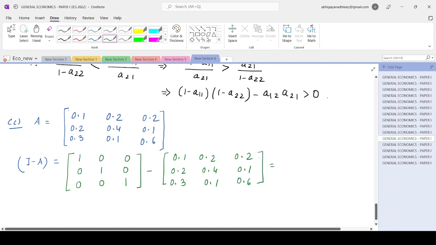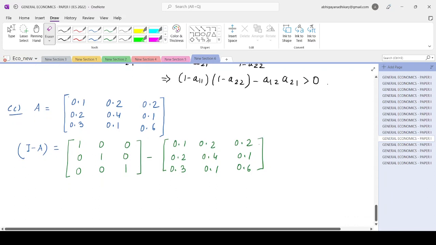So what do we get? Let me write it down on the next slide. It is 0.9, minus 0.2, minus 0.2; minus 0.2, 0.6, minus 0.1; minus 0.3, minus 0.1, and 0.4. Okay, so this is what it is.